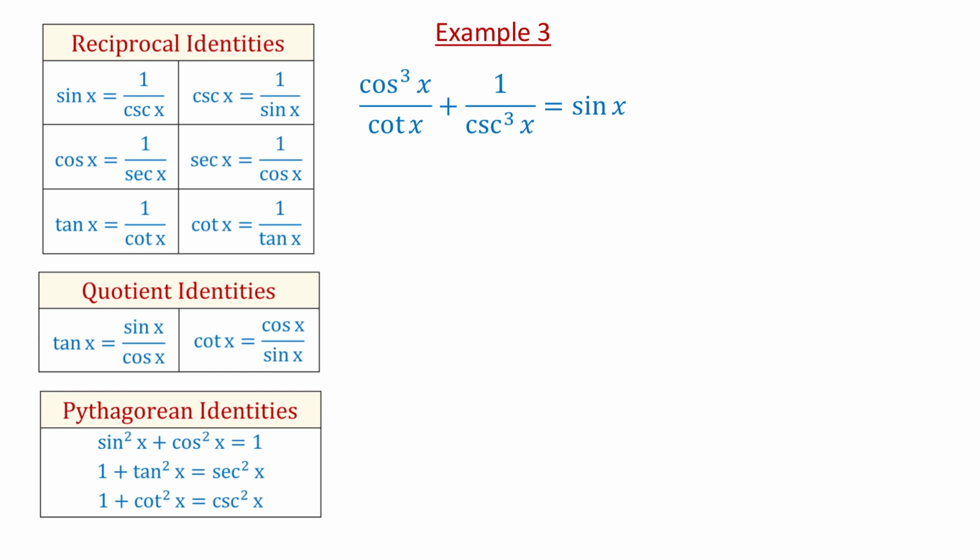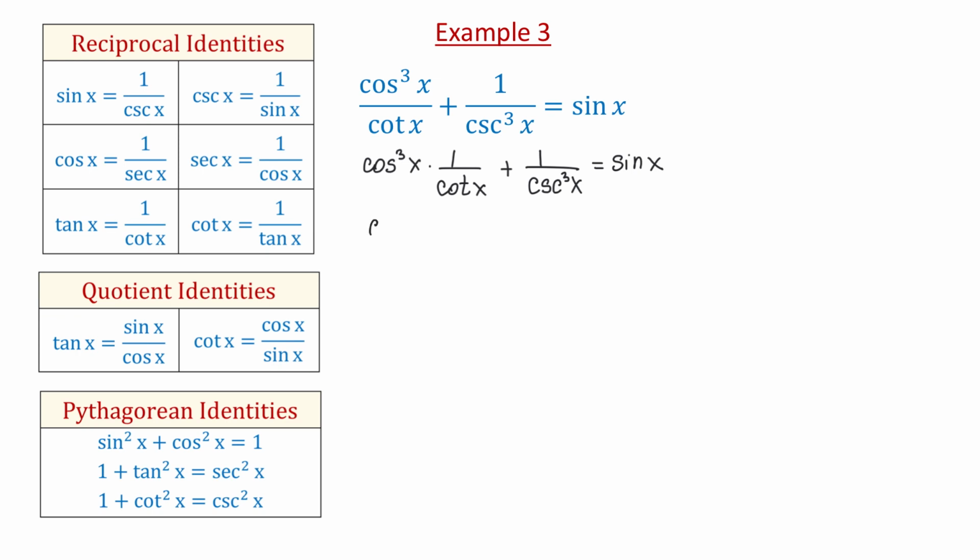In the first step, I will rewrite this expression as cosine cubed of x times 1 over cotangent of x plus 1 over cosecant cubed of x equals sine of x. Then in the next step, I will replace 1 over cotangent of x with tangent of x.